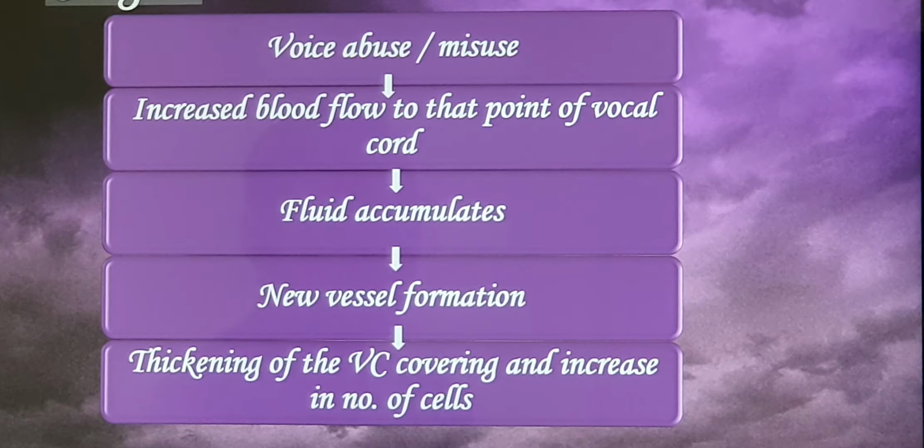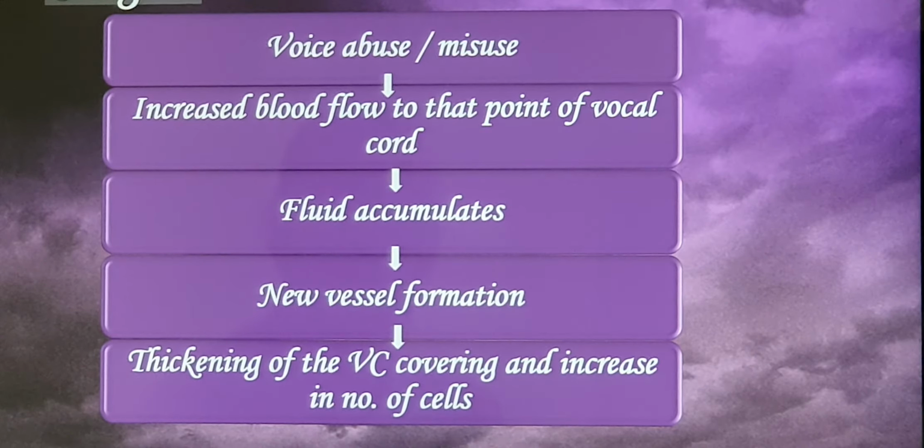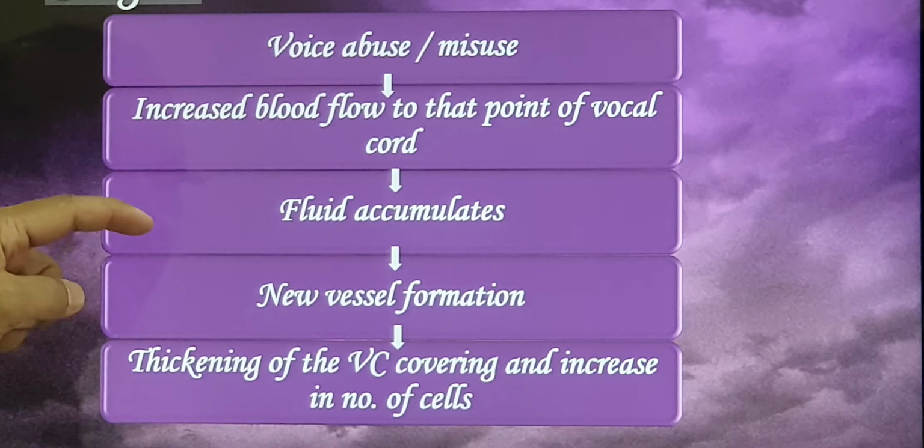If the patient continues with the same habit, later on fluid accumulates at that junction. That is the second stage. And if the patient still continues with the same habit and is not seeking any medical treatment, then at that junction new vessels are formed. So the patient goes from one stage to another.